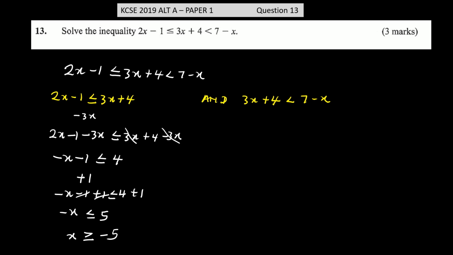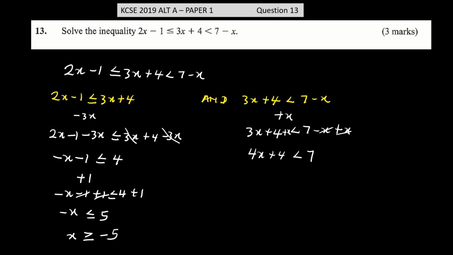Now back to the second part. To eliminate 4, let's first eliminate x. We are going to add x to both sides. Here we have 3x plus 4 less than 7 minus x plus x. This is 4x plus 4 less than, minus x plus x cancel each other, 7.